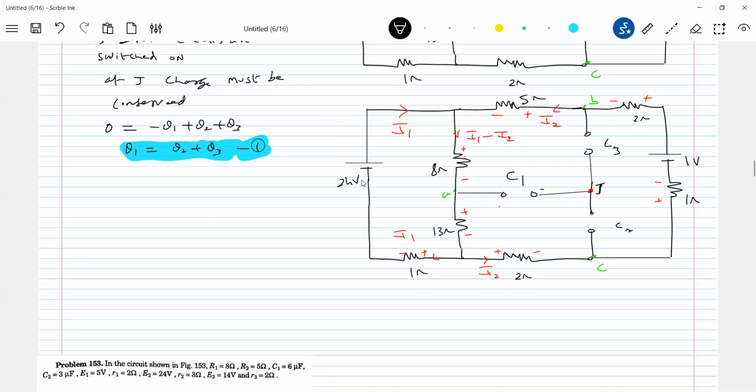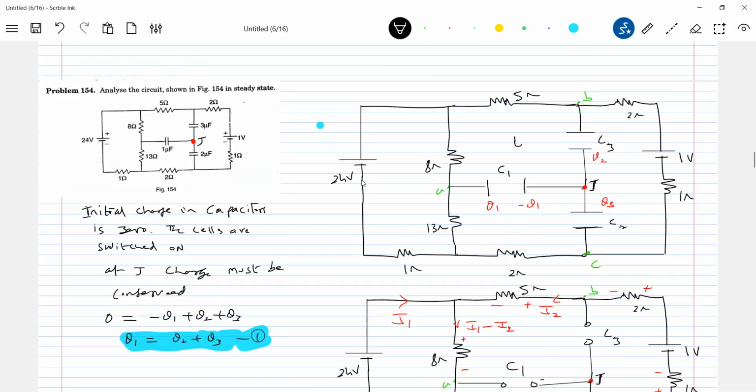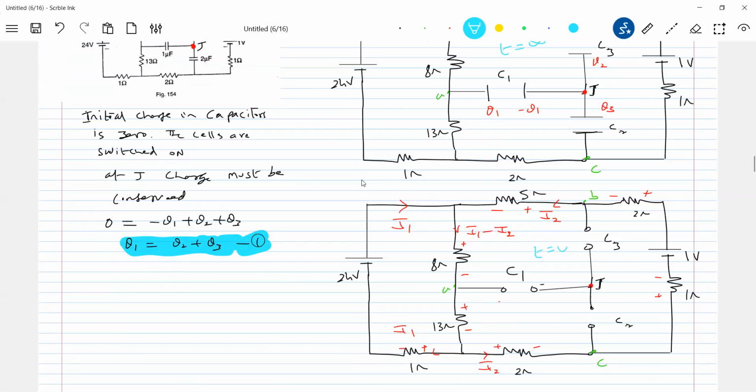To make it clear that at steady state no current flows, that's why I'm showing the second diagram. Both circuits are at T equal to infinity. To have clarity that no current flows through the capacitor branch, I'm showing open circuit.